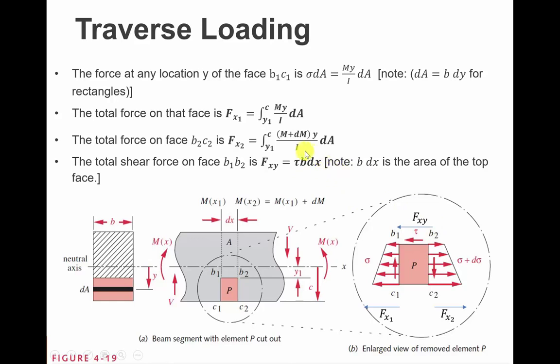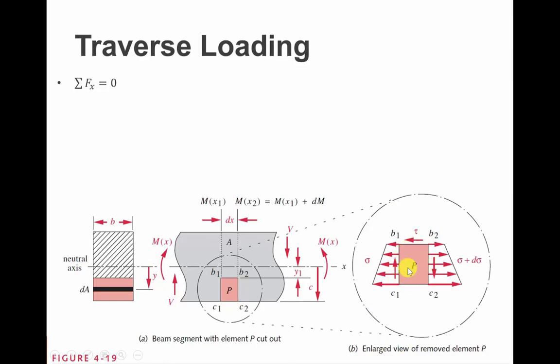So recognizing that that's the case, now we can sum forces on this element. So the sum of the forces in the x direction is equal to 0. So what that looks like is Fx1 plus Fxy is equal to Fx2, on the x2 location.